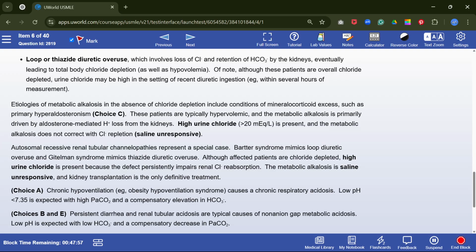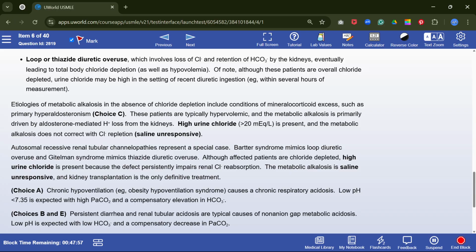If you try to remember it in that way, Bartter actually mimics the mechanism of furosemide, and Gitelman takes the thiazide's property.